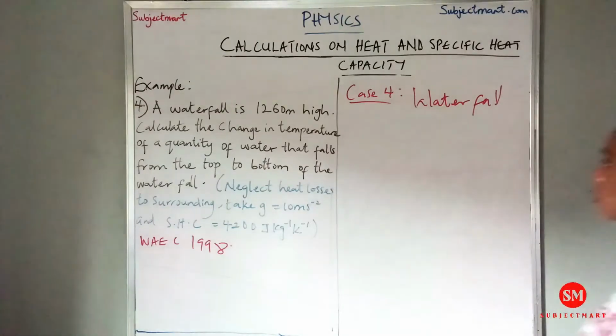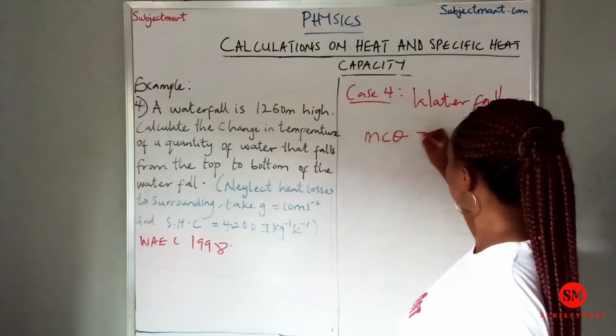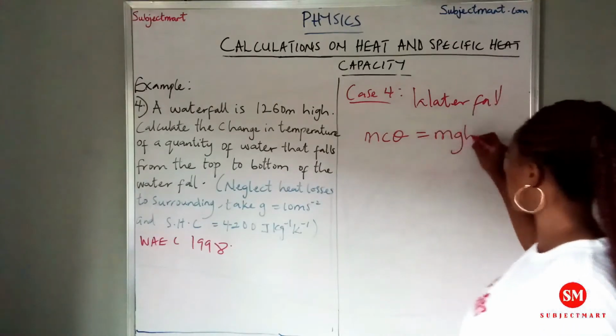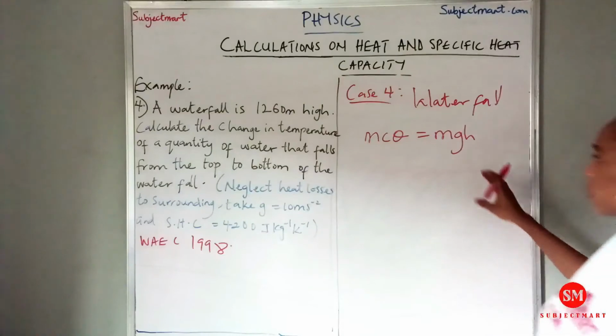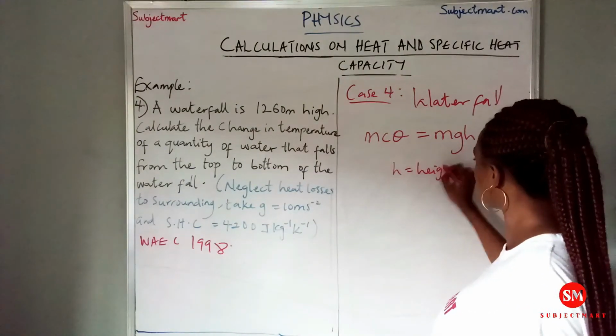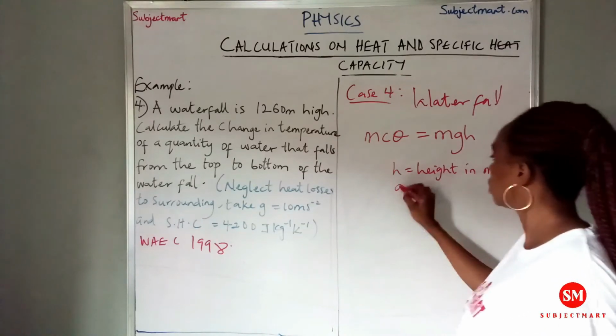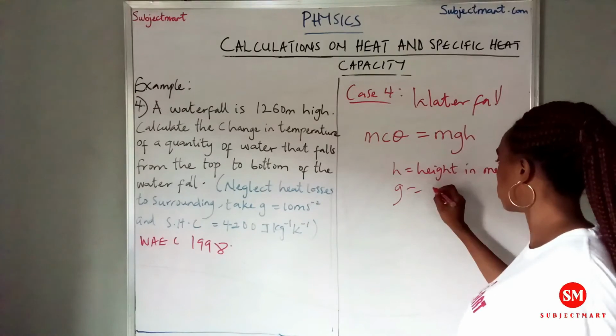So for water falling from a height, we have mc theta is equals to mgh, where h is the height in meters, g is the acceleration due to gravity.